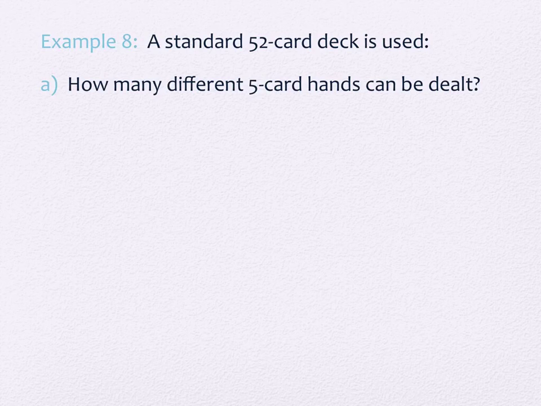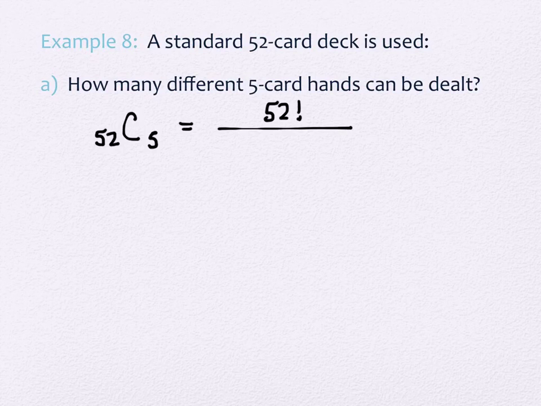So if the order doesn't matter, is this a combination or a permutation? It's a combination. It's 52 items, and we're choosing 5. So far, so good? What does my numerator look like then? 52 factorial, which is definitely too large for your calculator to deal with.